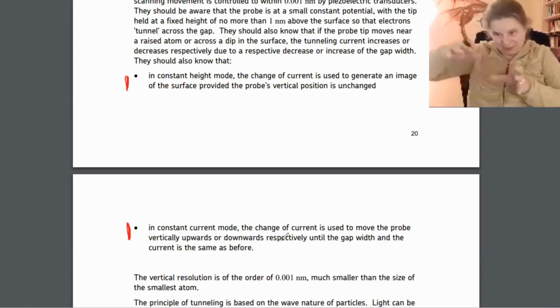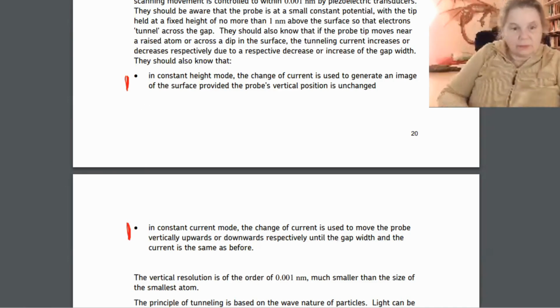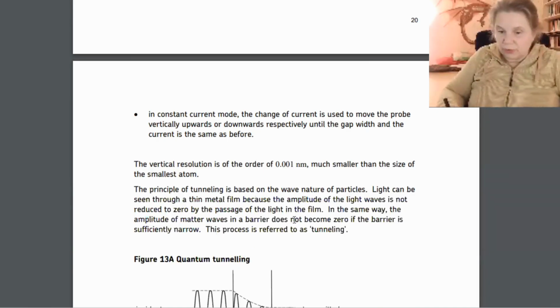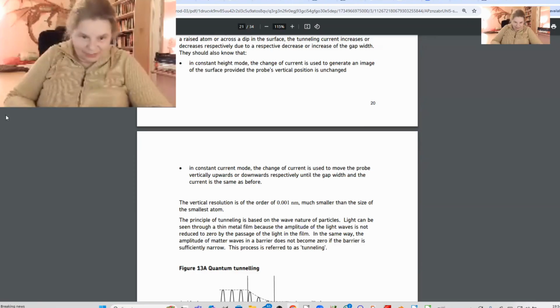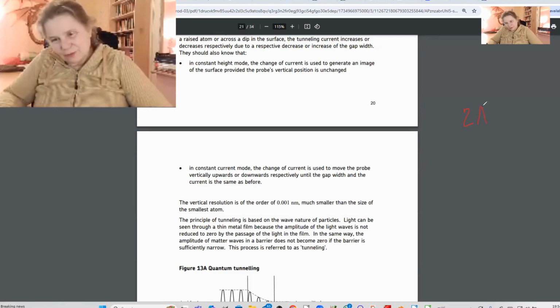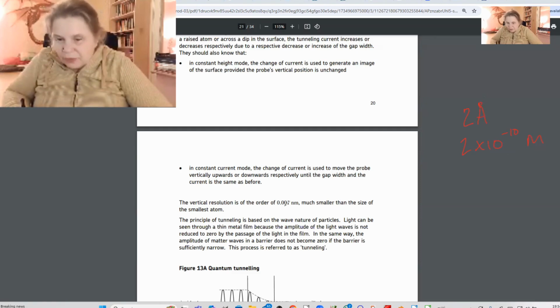Even just between one atom and the next atom, there's a little dip, and you can get them. So you can get individual atoms, and this is a vertical resolution of the order of 0.001 nanometers. Remember that an angstrom, and we said about 2 angstroms, so that was 2 times 10 to the minus 10 meters. This is about the size of 1 atom, so it's of the order of 1 times 10 to the minus 10.